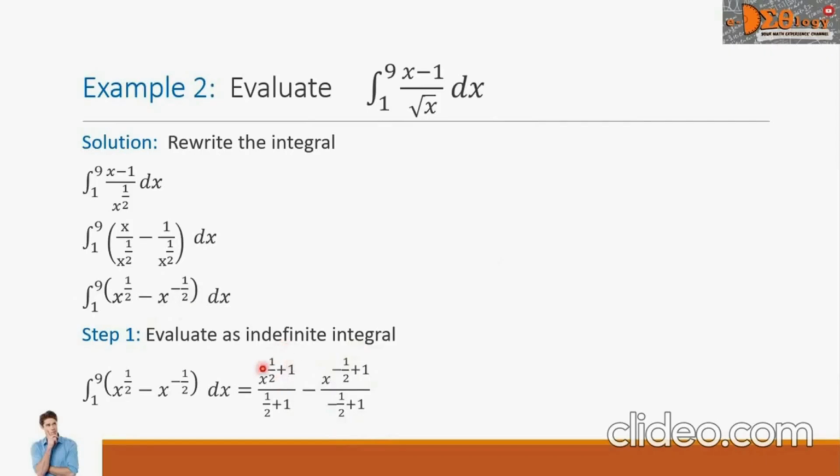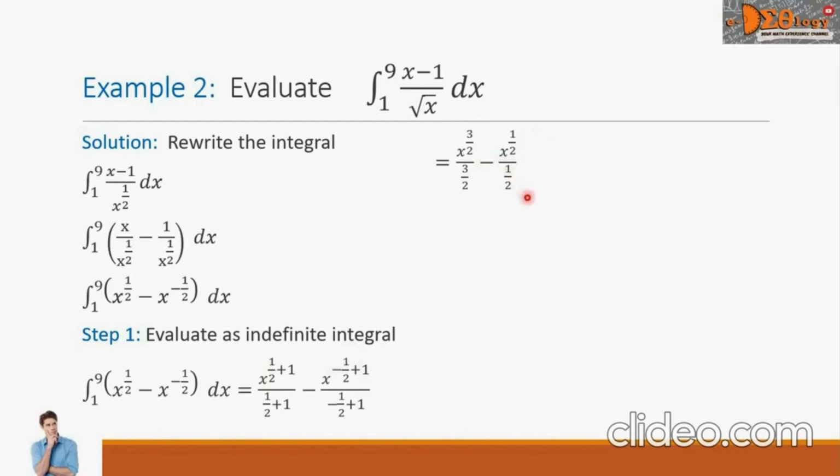Simplifying further, this 1/2 plus 1 is 3/2. So we write here x raised to 3 over 2 all over 3 over 2 minus the x raised to this negative 1/2 plus 1 is positive 1/2. So we have here 1/2 as the exponent all over the same 1/2 as denominator.